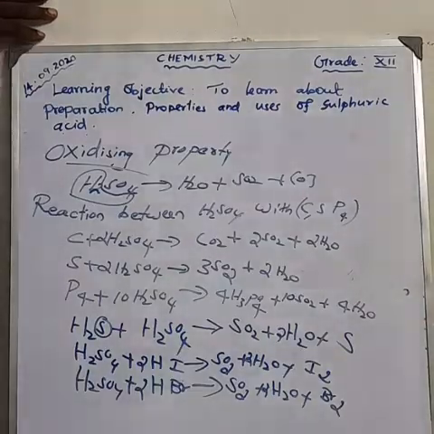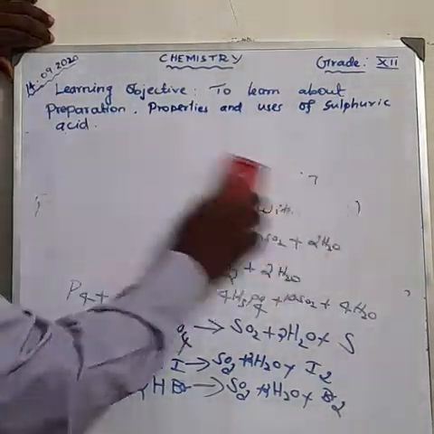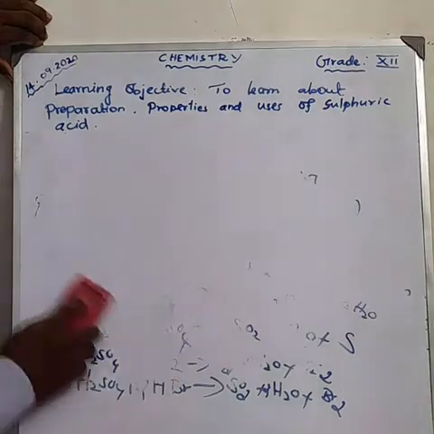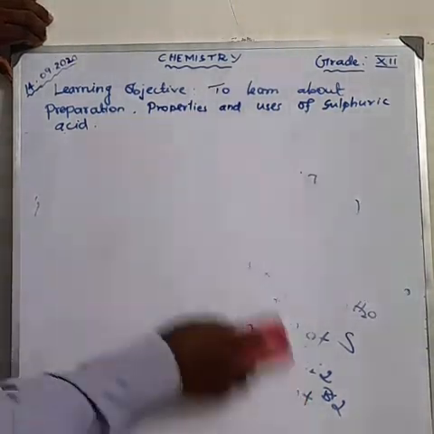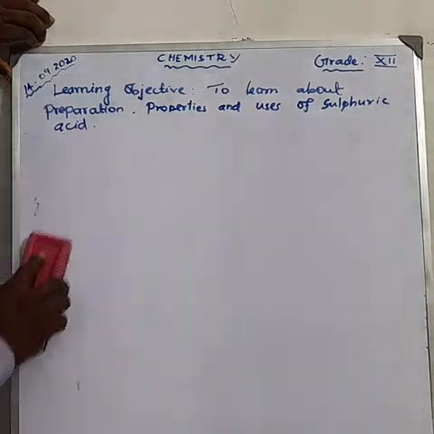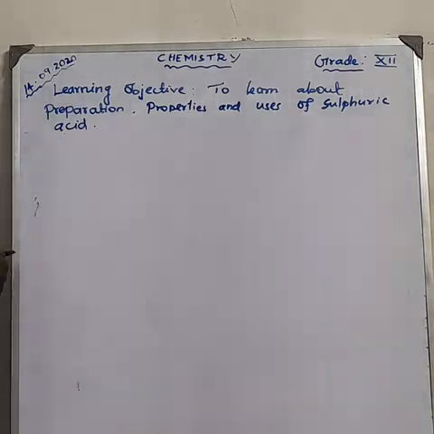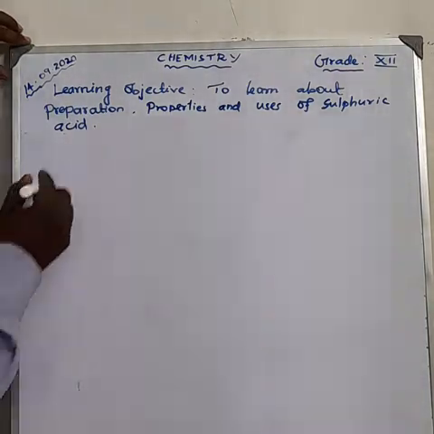Next, the reaction between sodium carbonate and sulfuric acid. What is the formula for sodium carbonate? Na2CO3. We get sodium sulfate, carbon dioxide and water.